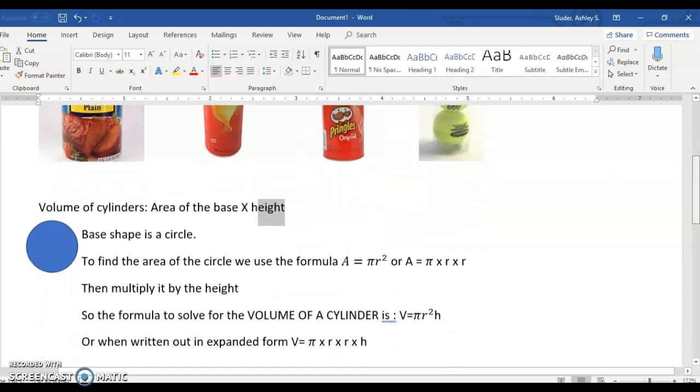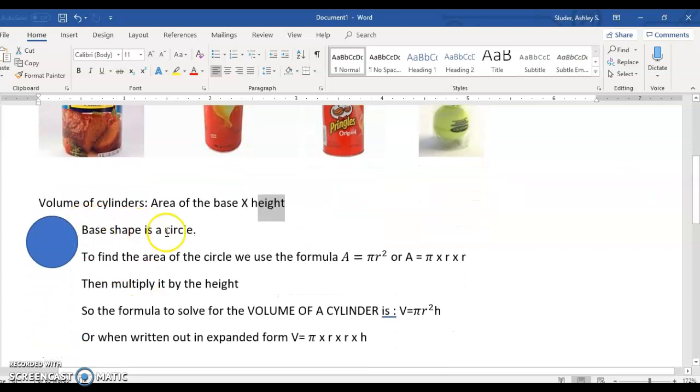Being that cylinders have a base shape of a circle, so all cylinders will have a base shape of a circle. To find the area of the circle, we use the formula pi radius squared. So in order to find the area of a circle, you have to have the radius identified and find the radius measurement, right?